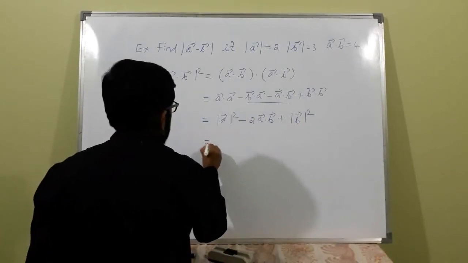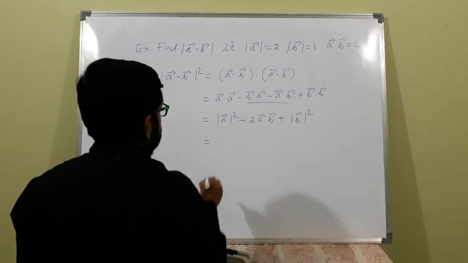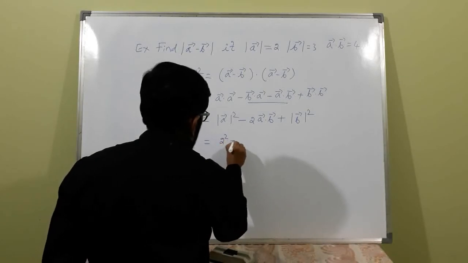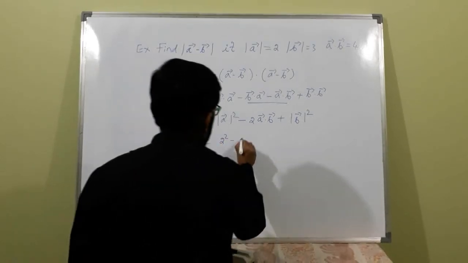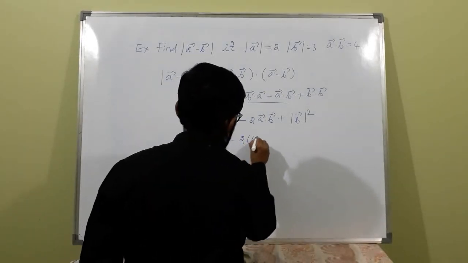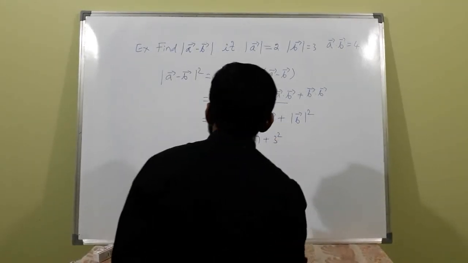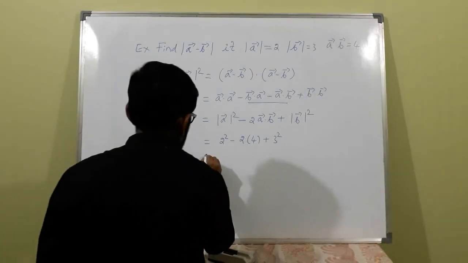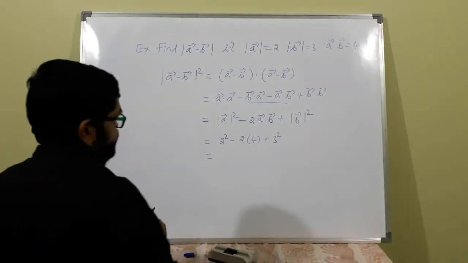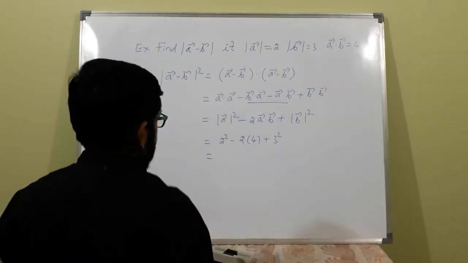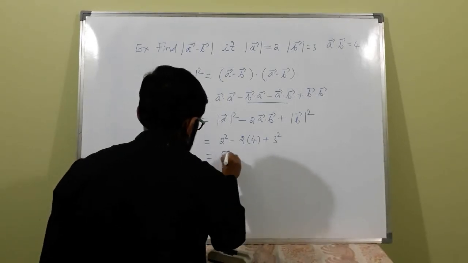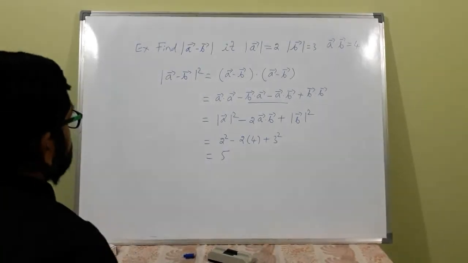That is 2 square minus 2 times 4, plus 3 square. That is 4 minus 8 plus 9, which is 5.